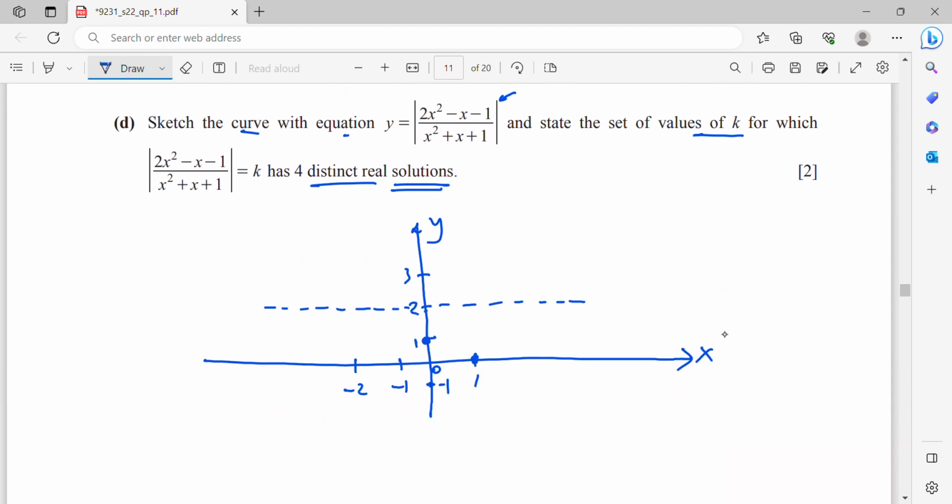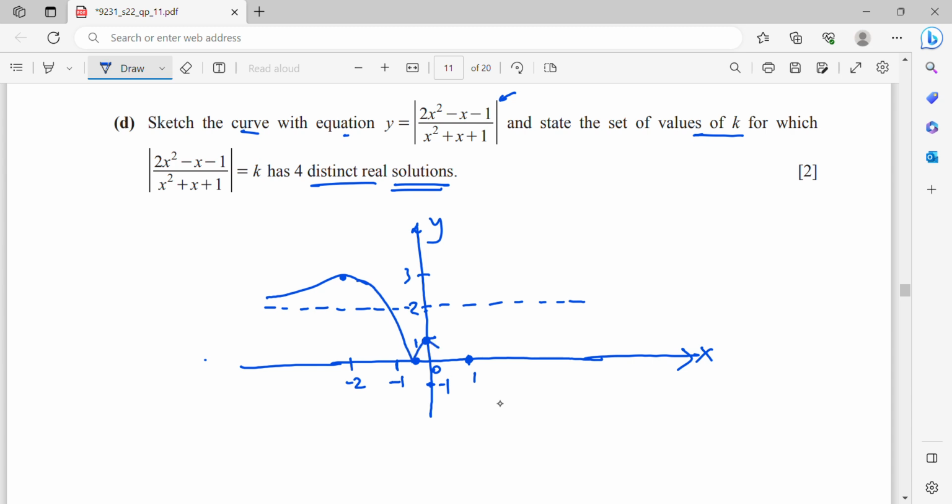Still the same, 1 and minus half. So 1, minus half. Another point is at minus 2, 3. So not much difference. But then now it goes down.